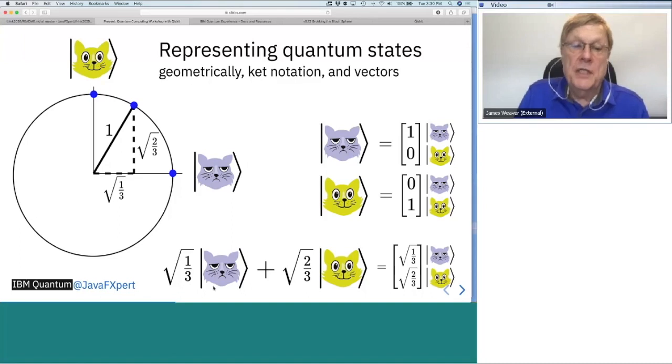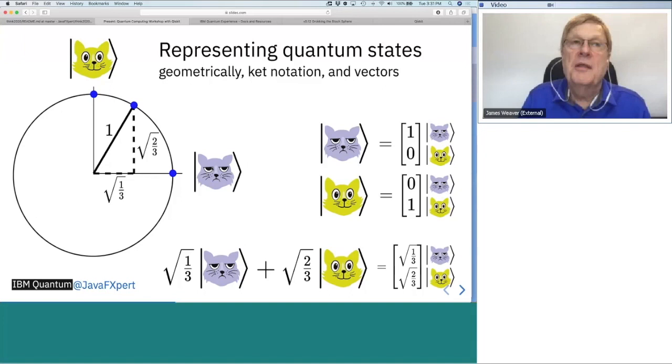And so I can say root of 1/3 grumpy plus the root of 2/3 happy. The reason I say plus is because here we've gone plus on the grumpy axis, and here we've gone plus on the happy axis. If it were down here, it would be root of 1/3 grumpy minus the root of 2/3 happy. Again, if you have questions, please let me know.